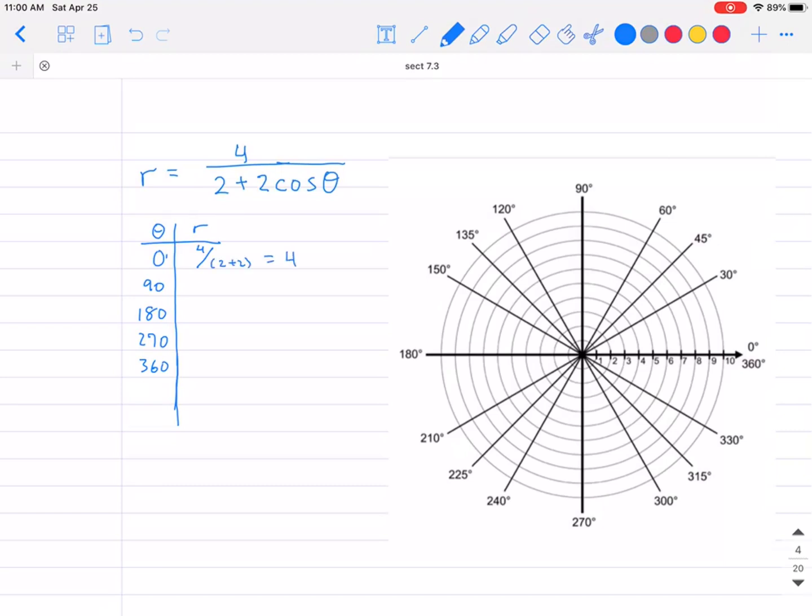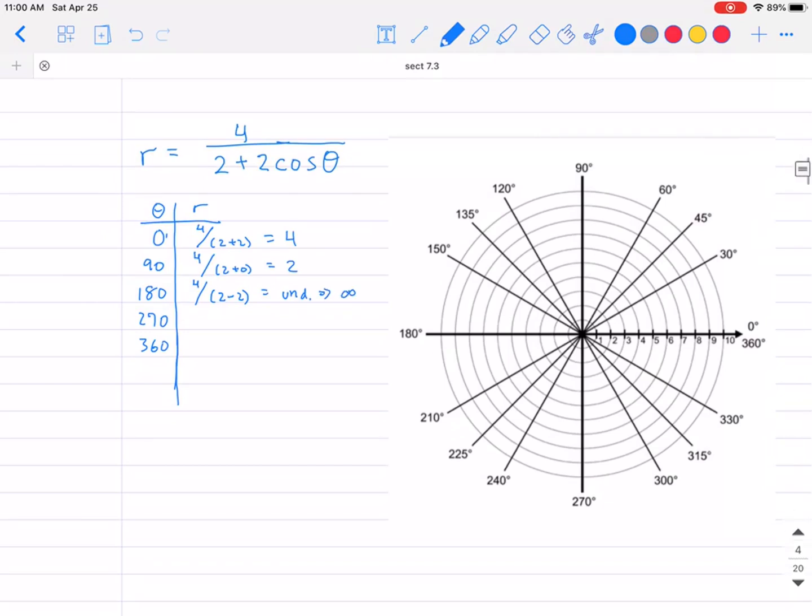So let's see, 0 you plug in, you get 4 divided by 2 plus 2. That is going to give you 4 for that part of the answer. The next part is 4 divided by 2 plus 0, so that's going to give you 2. Then 4 divided by 2 minus 2. This is going to be undefined right here, and in fact, it looks like it's going towards positive infinity.